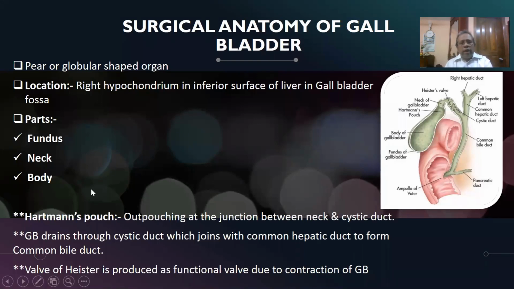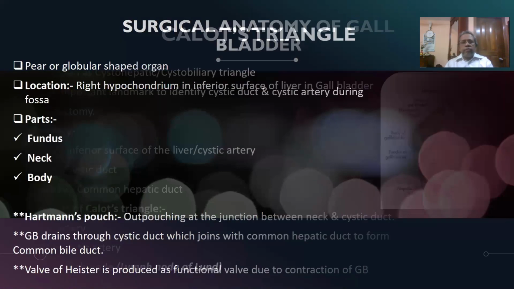So the gallbladder drains through the cystic duct, which joins with the common hepatic duct to form the common bile duct. Look at the picture. There is a mucosal fold, which is called the valve of Heister.